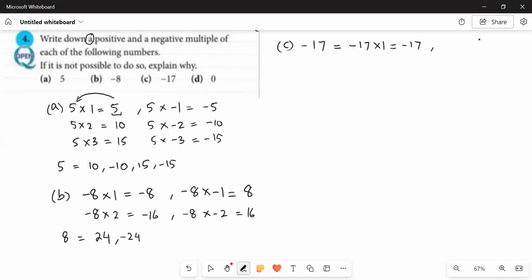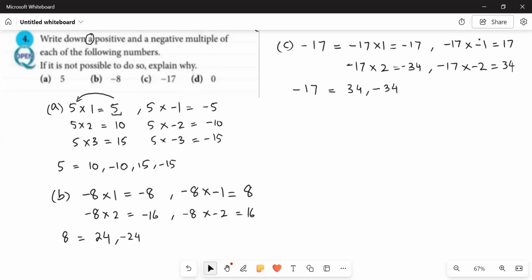But if I multiply it by minus 1, I'll get positive 17. Similarly, minus 17 into 2 is equal to minus 34. But if I multiply it by negative 2, I'll get positive 34. So I can write the multiples of 17 as 34 and minus 34. You can write down any of the multiples of 17 of your choice.